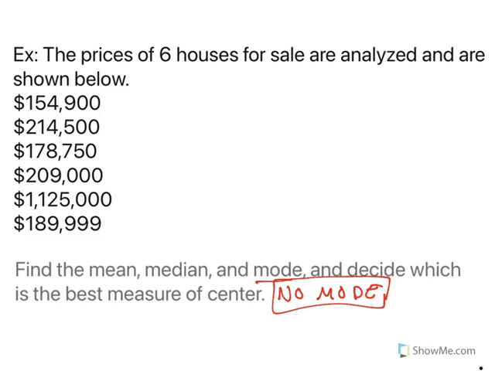So now let's go ahead and find the mean. Remember, when we're trying to find the mean, we're going to add those 6 numbers together and then divide by 6. So if I add 154,900 plus 214,500 plus 178,750 plus 209,000 plus 1,125,000 plus 189,999, I get a large number of $2,072,149.